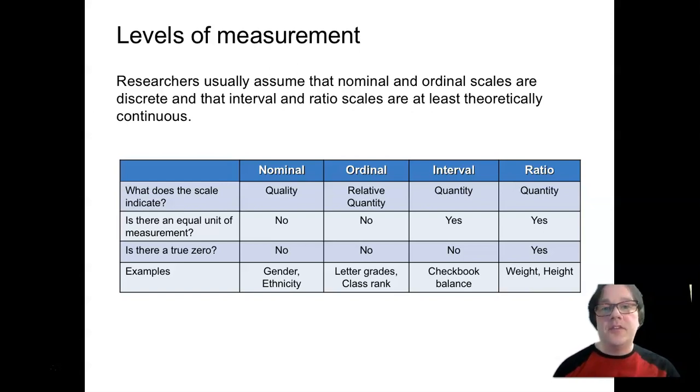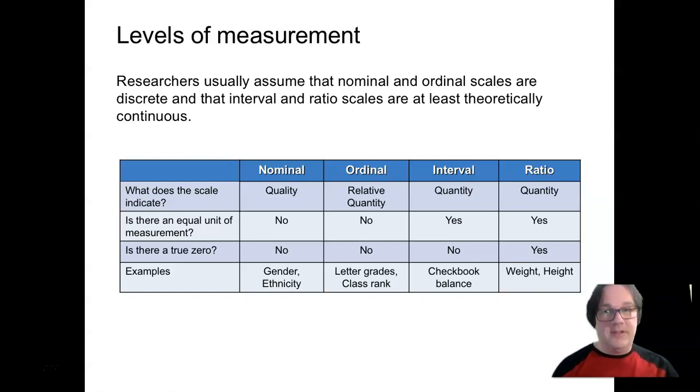So with the nominal scale, we see that the scale indicates quality, right? So we're putting people, or items, into categories. Whatever these values are, they're not numerical values by nature. They're categorical or nominal. Think of nominal as names, right? Is there an equal unit of measurement?